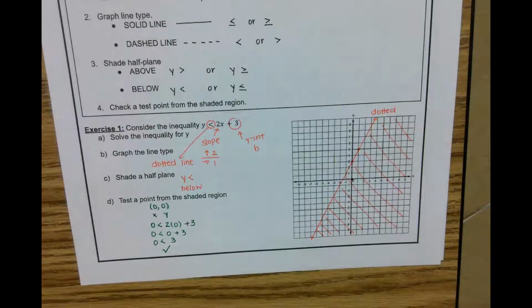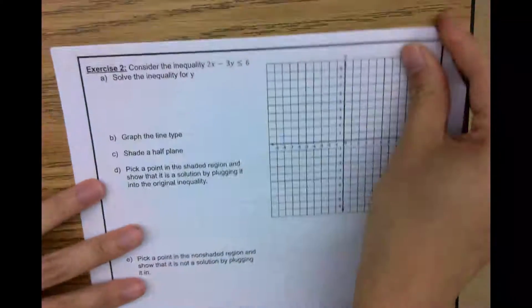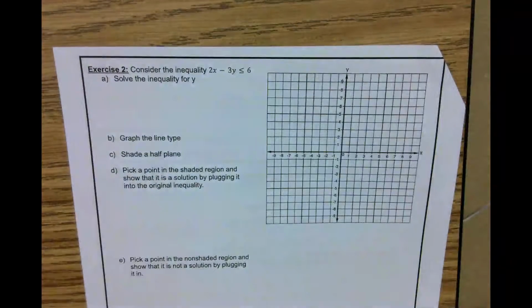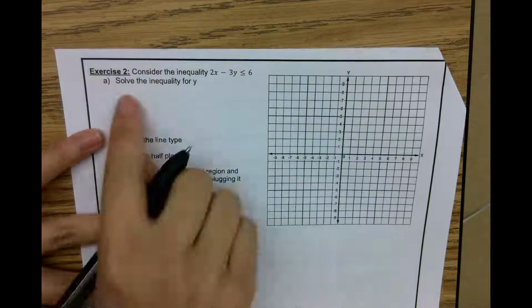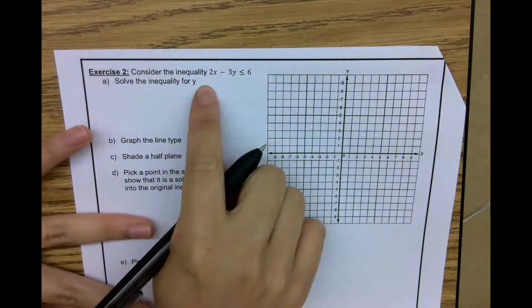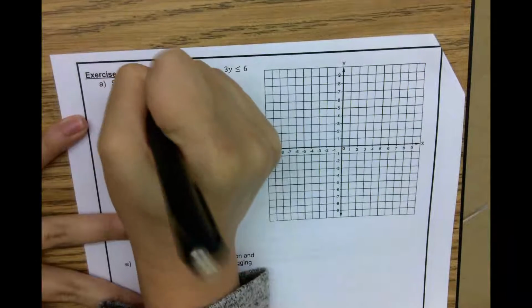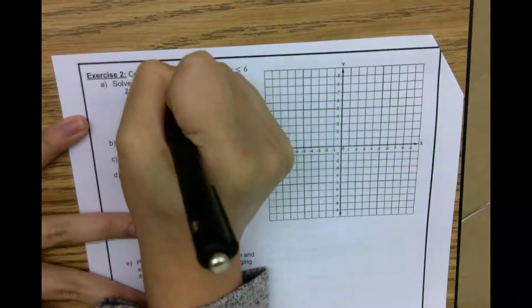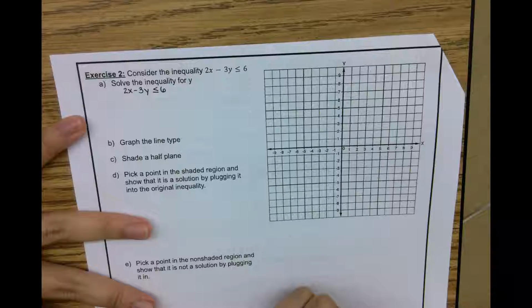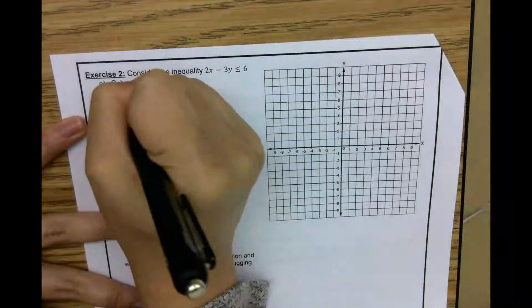So let's try the next one. Here I have 2x minus 3y less than or equal to 6. The first thing I need to do is change it into slope-intercept form. I do that by solving for y. So I'm going to first subtract 2x.